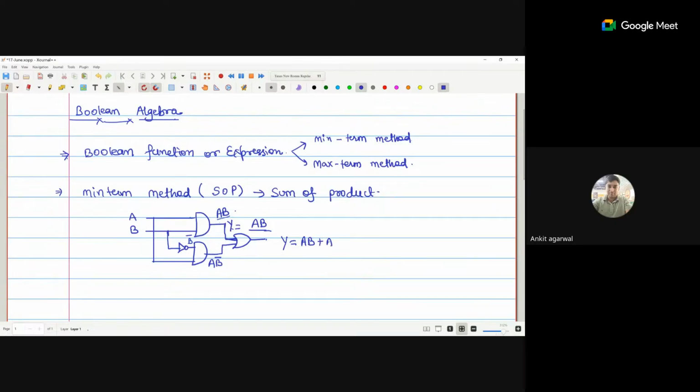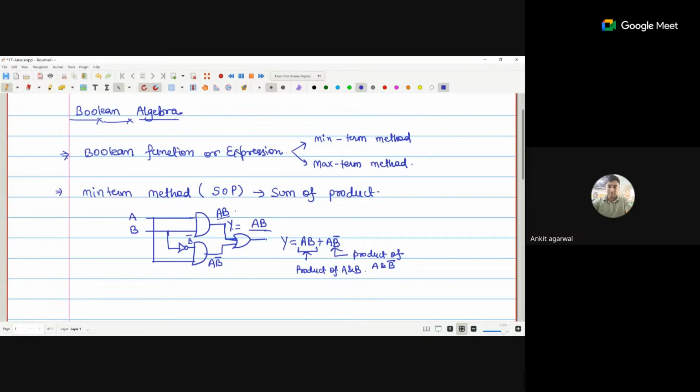The output finally is AB plus AB bar. This is one term, the product of A and B. This is another term, the product of A and B bar.